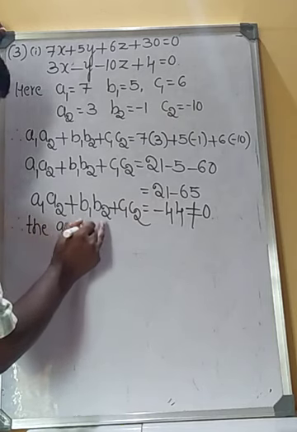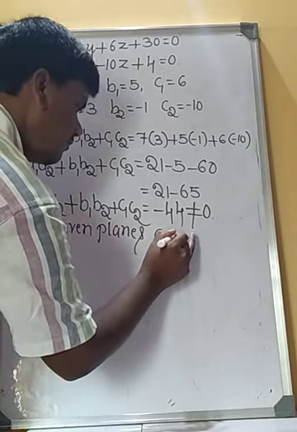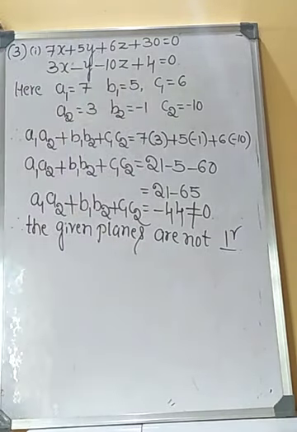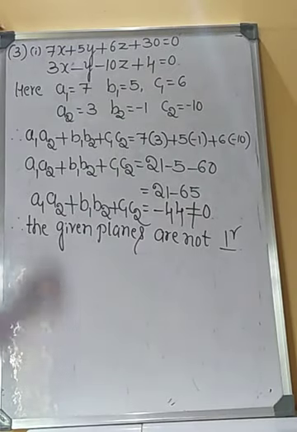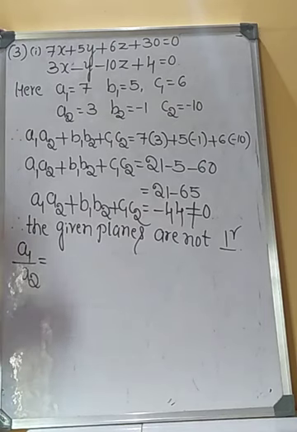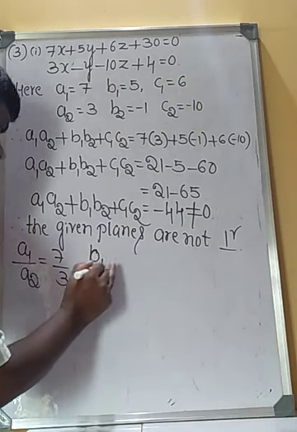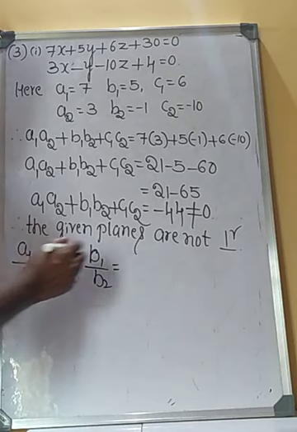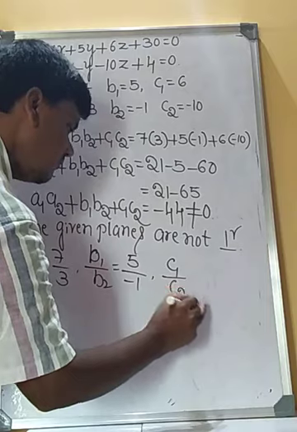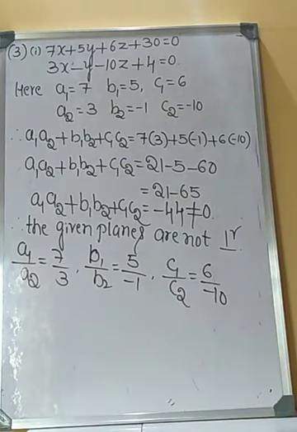The next one, find A1 by A2, which is 7 by 3. B1 by B2 equals 5 by minus 1 and C1 by C2 is equal to 6 by minus 10.